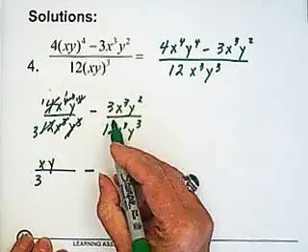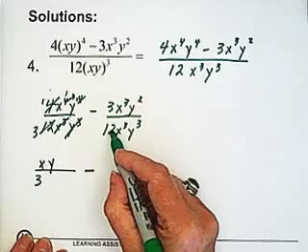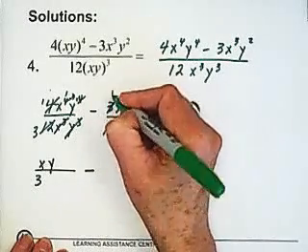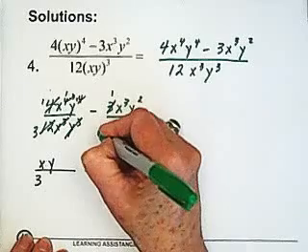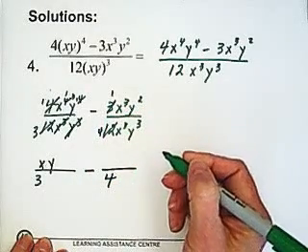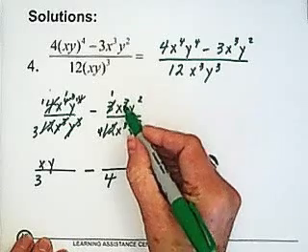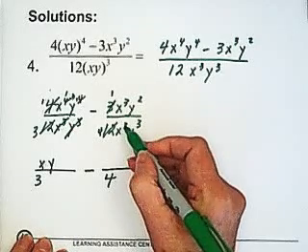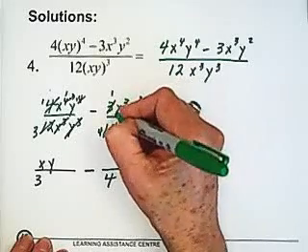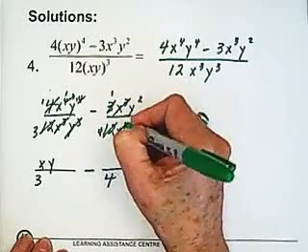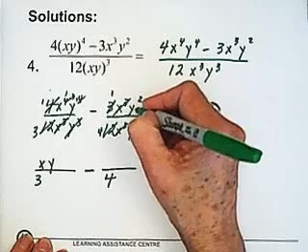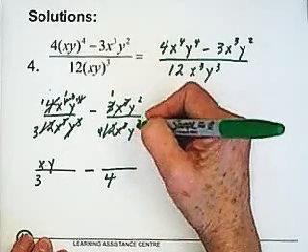Minus. Here we have 3 over 12, so we're going to divide top and bottom by 3. This becomes a 1. This becomes a 4. So we end up with 4 in our denominator. Now we have x cubed divided by x cubed. Same value. So we're going to get rid of both of them because they cancel one another. Here we have y squared over y cubed.